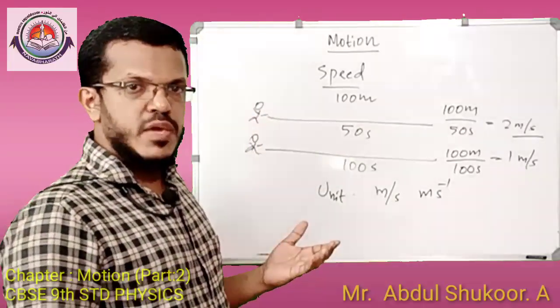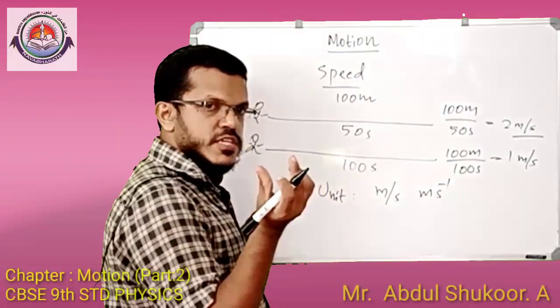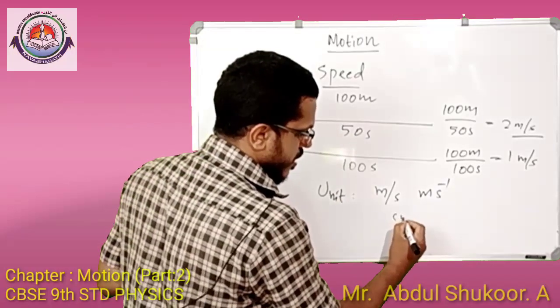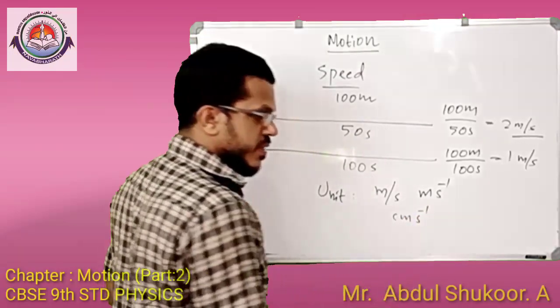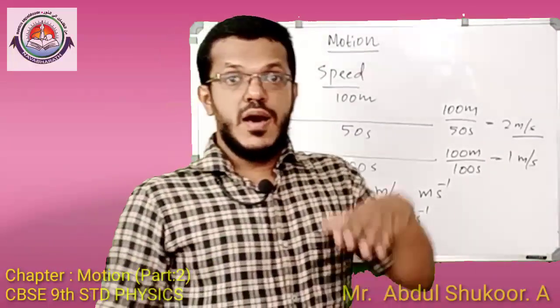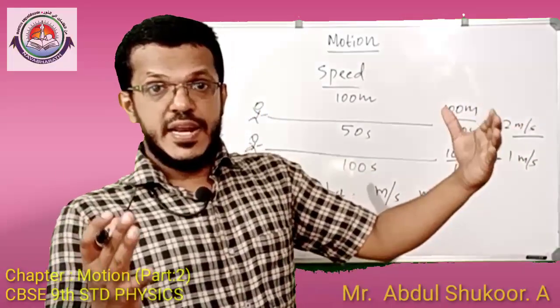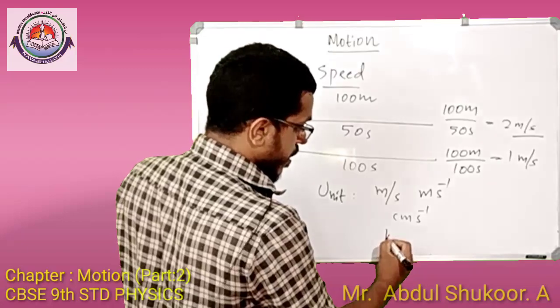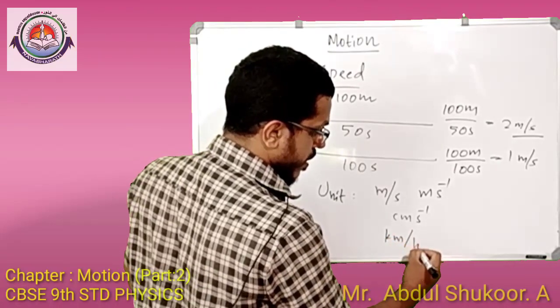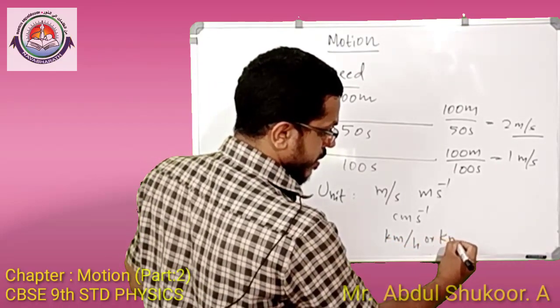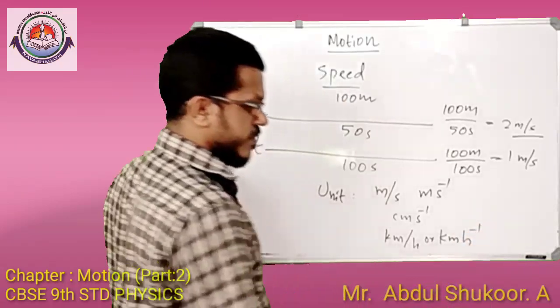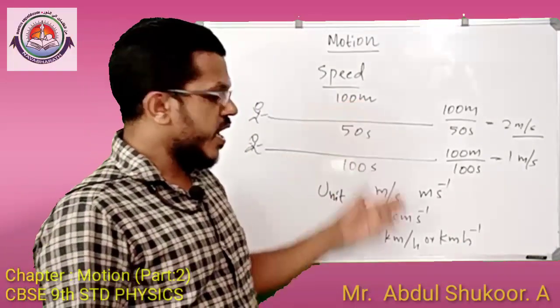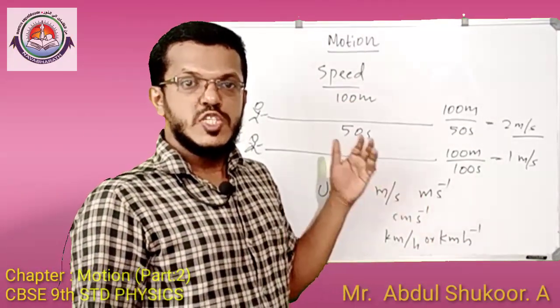Another unit may be used for small distances, that is centimeter per second, and for larger distances we can use another unit, that is kilometer per hour. These are the units used for speed.